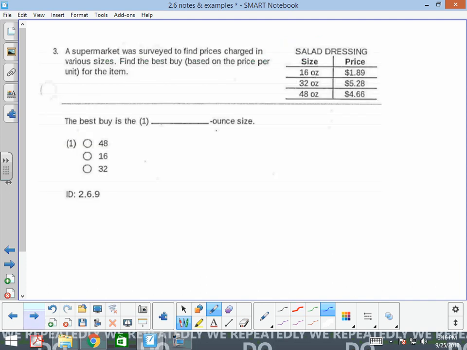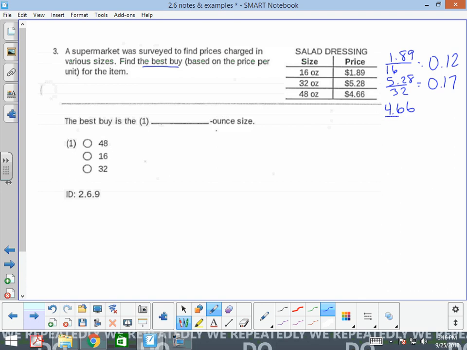All right, number 3, let's look at another Best Buy. A supermarket was surveyed to find prices charged in various sizes. Find the Best Buy, which is the lower price per unit for the item. So again, we're going to divide. We're going to divide 1.89 by 16, round to the hundredths. That's 0.12. Now we're going to divide 5.28 by 32, round to the hundredths, 0.17.